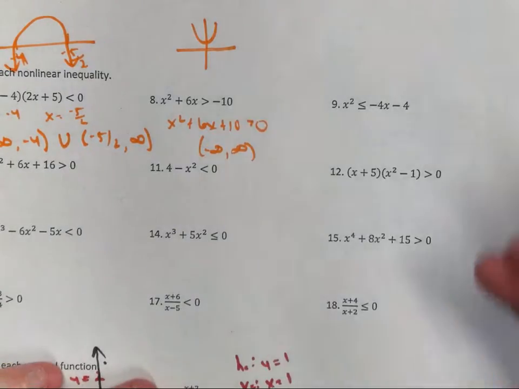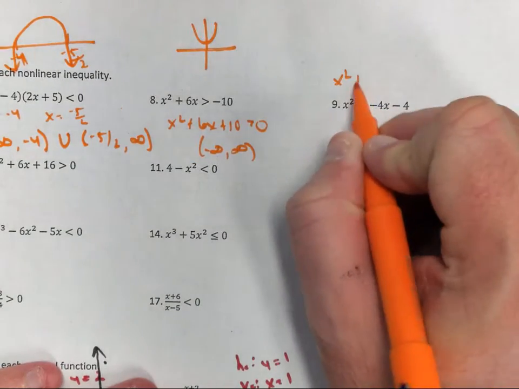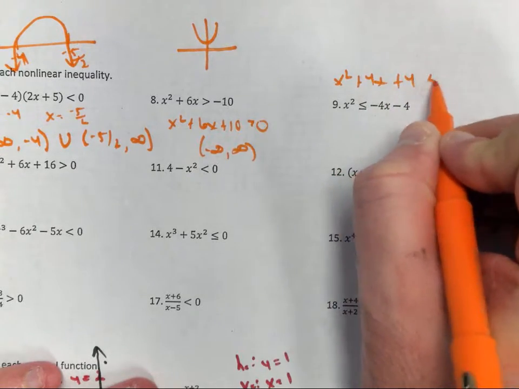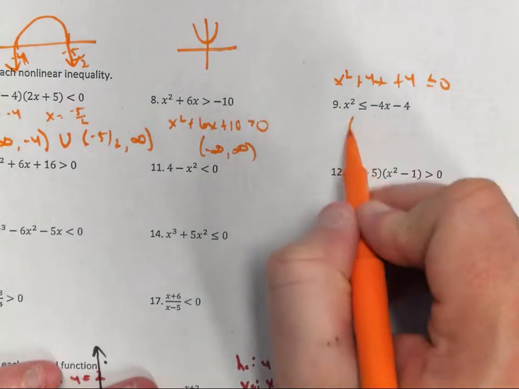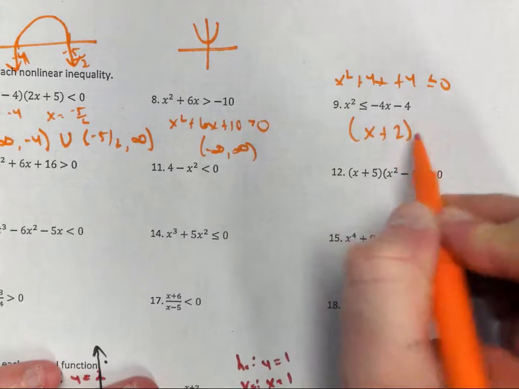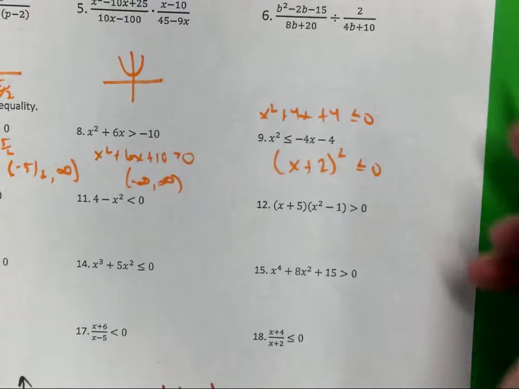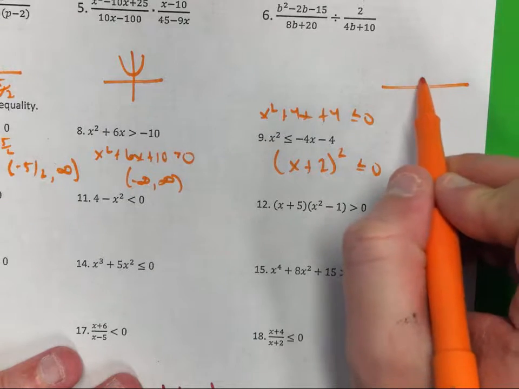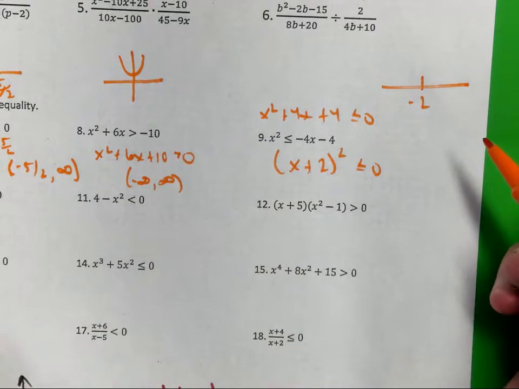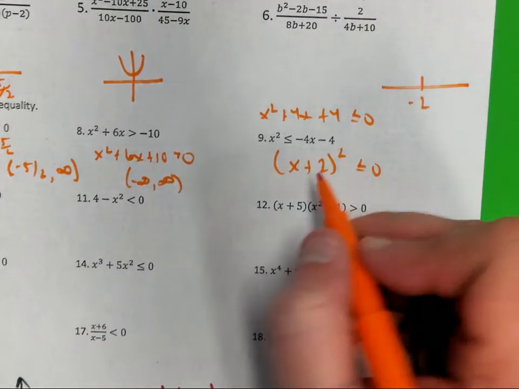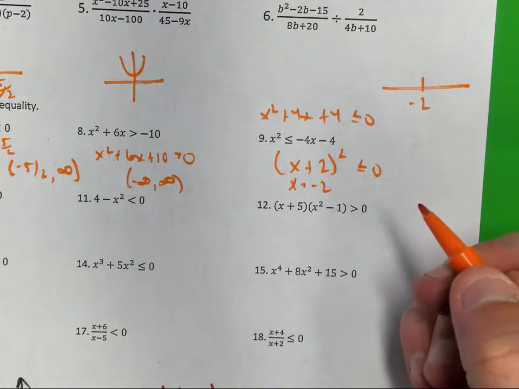All right, number 9. That ends up being x plus 2 times x plus 2, which is x plus 2 squared. So I'd end up having one number, the -2, because x would equal -2.